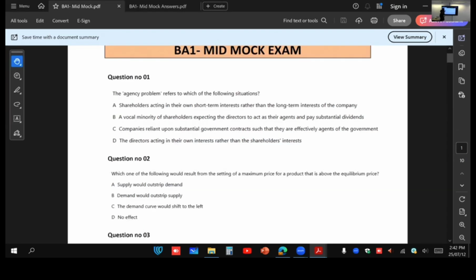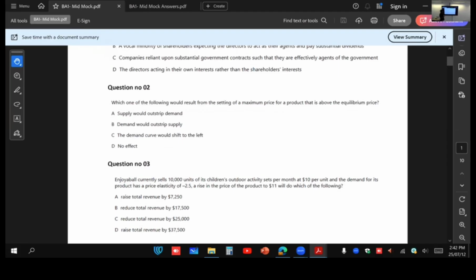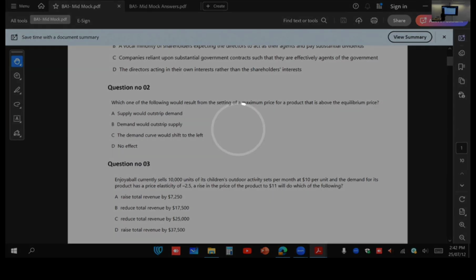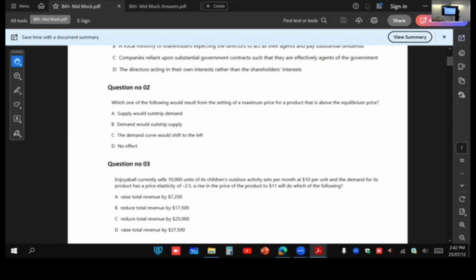Okay. Question number two, which one of the following would result from setting of a maximum price for a product that is above the equilibrium price? What was equilibrium price? Equilibrium price. Come on.